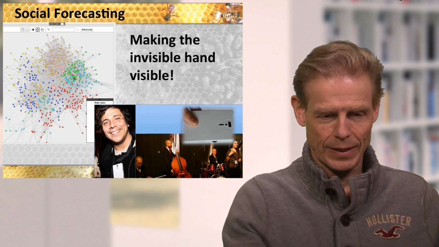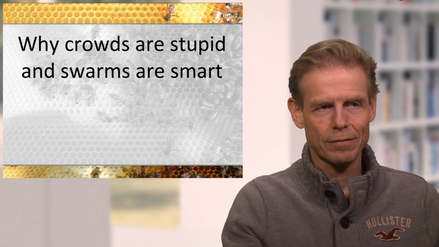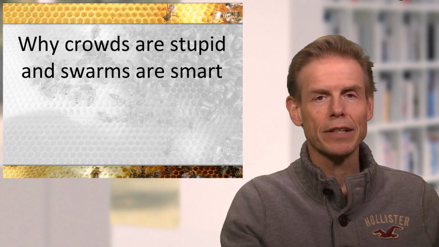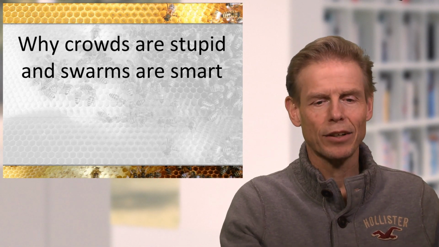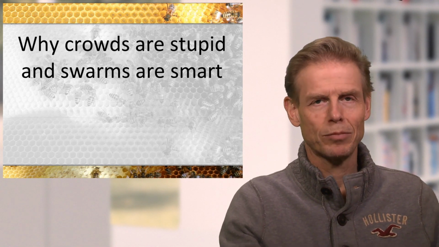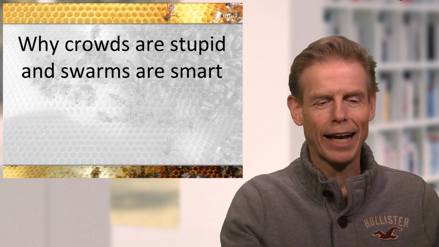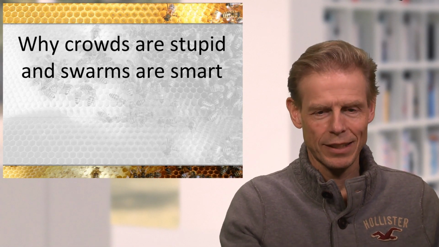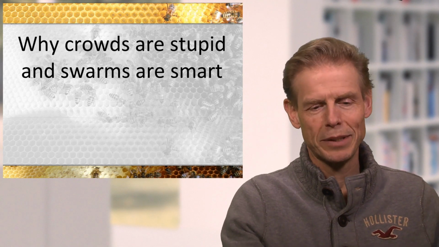So let's now look at why I'm making a distinction between swarms and crowds. And more specifically, why I'm saying that crowds are stupid and swarms are smart. Swarms, obviously, that's the swarms of the bees.